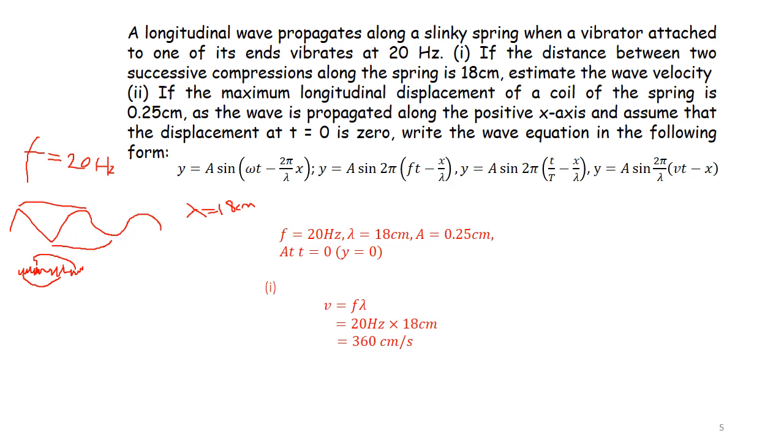Now the question says, if the maximum longitudinal displacement of a coil of the spring, that is the distance from the rest position to the peak compression, which is like the distance between the equilibrium position and the peak crest or peak trough, which is the amplitude, is 0.25 centimeters.